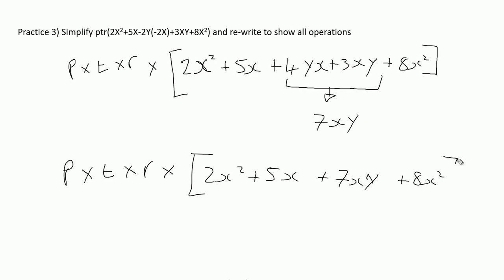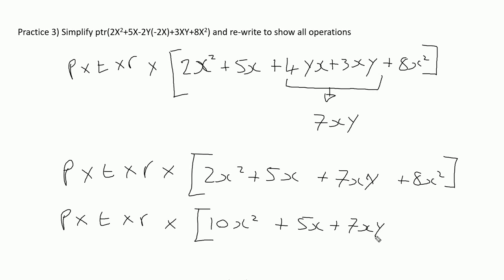And now we notice that these are like terms. 2x squared and 8x squared can be added together to give you 8 plus 2, which is 10x squared, plus 5x plus 7xy.